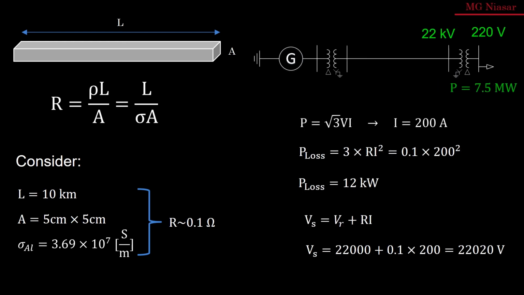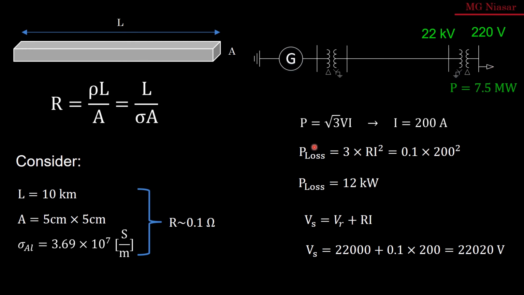Now let us consider the second situation, in which first we increase the voltage level to 22 kilovolts. We transmit the electricity over this high voltage level, and then we reduce the voltage to 220 volts and deliver the power to the consumption site.